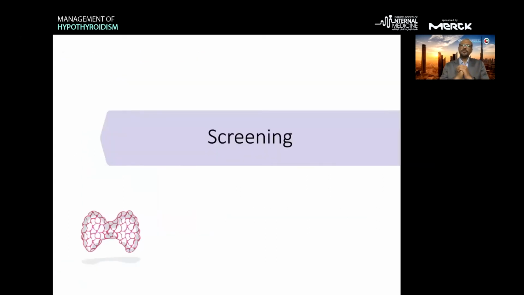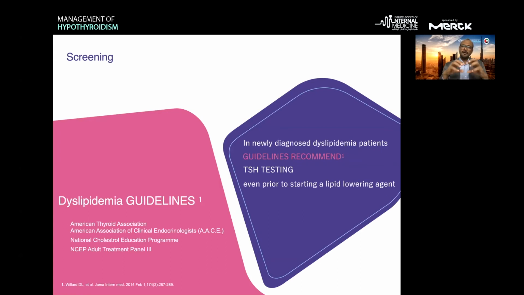So if we need to screen those patients, whom should we screen? The guidelines, these are multiple guidelines actually. The American Thyroid Association and the American Association of Clinical Endocrinologists, the National Cholesterol Education Program, NCEP Panel 3, they all recommended that a patient with dyslipidemia should be tested by TSH level.